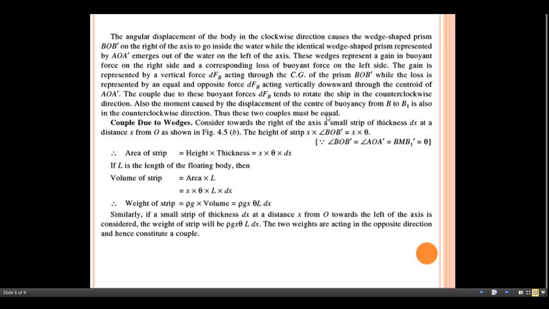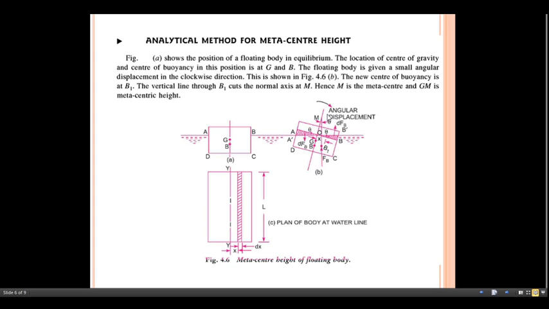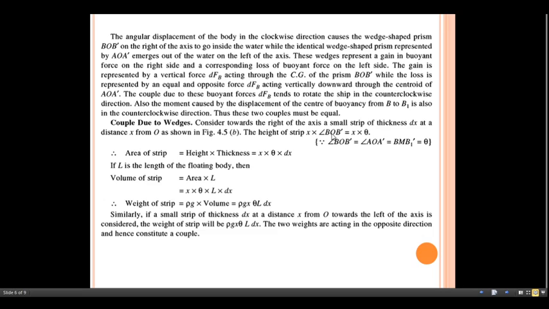Thus, the two couples must be equal. Now the couple consists of two parallel forces, equal in magnitude but opposite in direction, separated by a certain distance, that form a couple. Now, the couple due to the wedges.